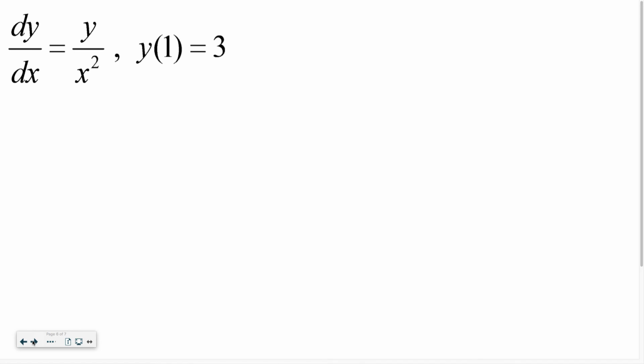Go ahead and write this down, and I'm going to give you the opportunity to only do the work to get the general solution. Do not plug in 1 and 3 yet. I want to do that part together.